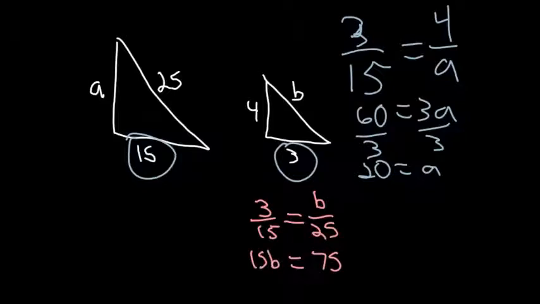Then divide by 15. And 75 divided by 15 is 5. So b equals 5. So when you're doing those, look for a ratio that you can use for both of the variables that you need to solve.